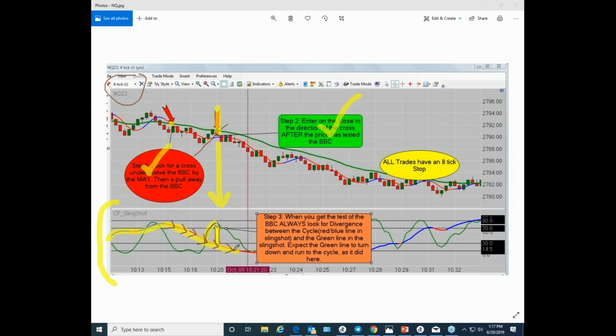So that's saying we're in a downtrend in the NASDAQ on the 4-tick range. This green line pulling away along with this price action is normal. The normal thing is for the market to pull back to the BBC and fail. What this is saying is, look, this is just a pullback in this ongoing downtrend.